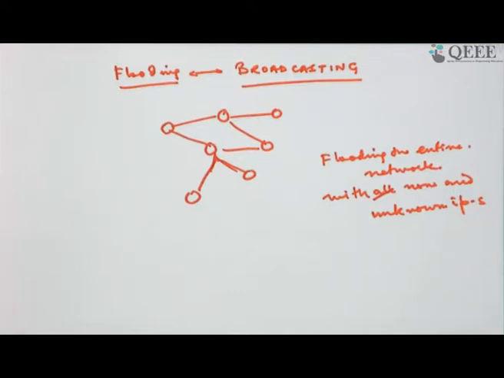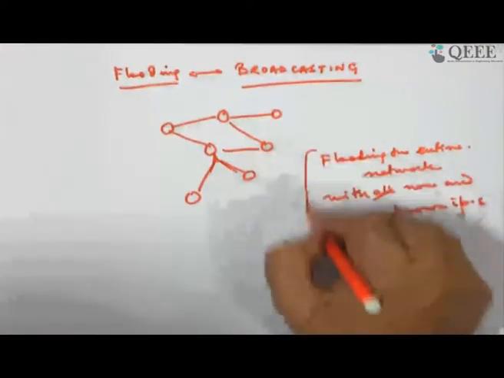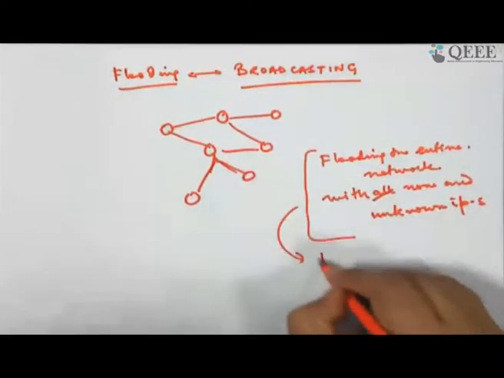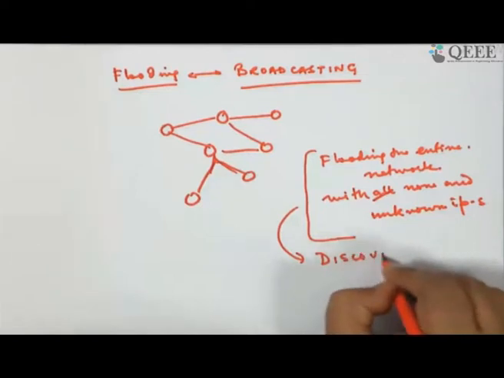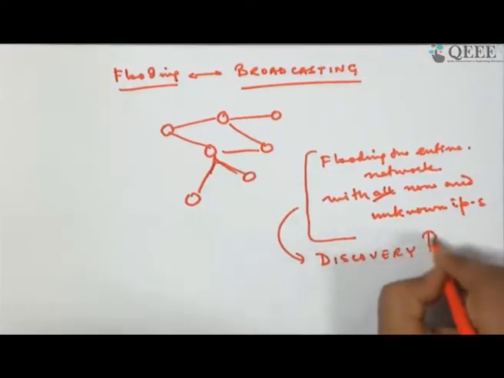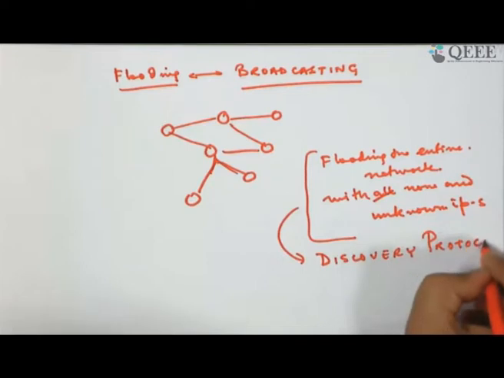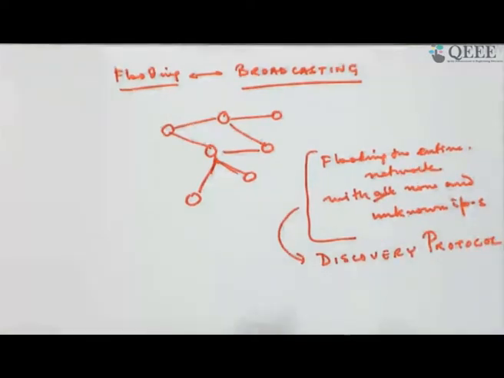Flooding means you don't have any idea about what the IPs are, and you are broadcasting the entire thing. So flooding is basically a discovery protocol. Here the IPs are not known.